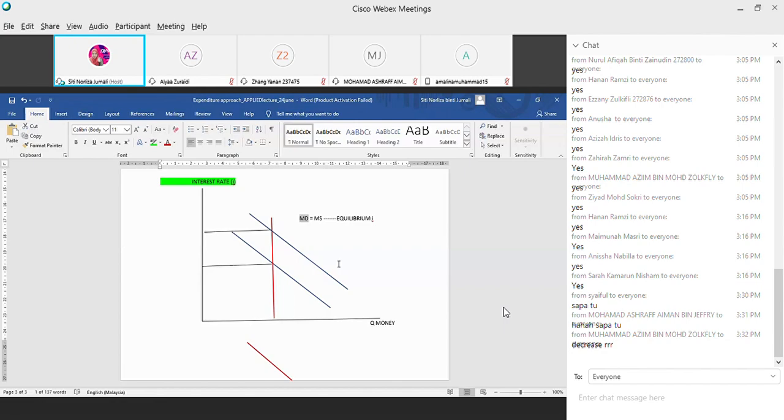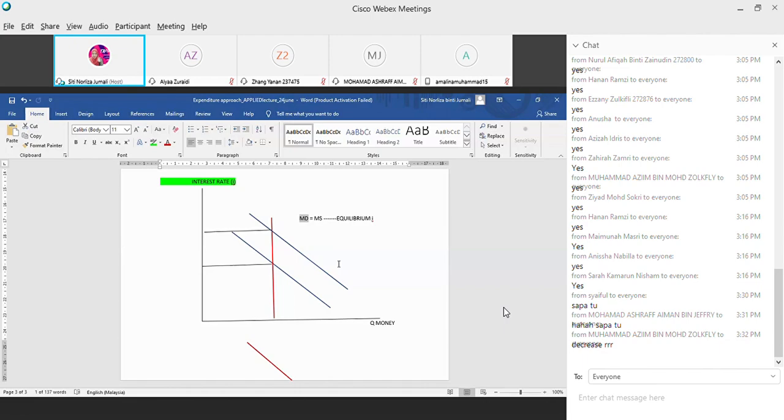Transaction and precautionary are holding cash money. Speculative is not holding cash money.